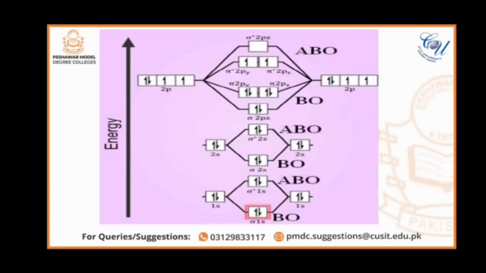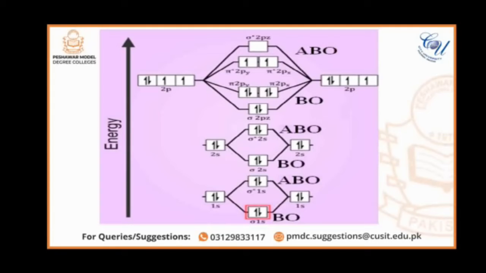2p is the highest energy atomic orbital of each oxygen atom. 4 electrons are present in each 2p atomic orbital. These 6 atomic orbitals mix up and form 3 bonding molecular orbitals and 3 anti-bonding molecular orbitals. Sigma 2px is the lower energy bonding molecular orbital.